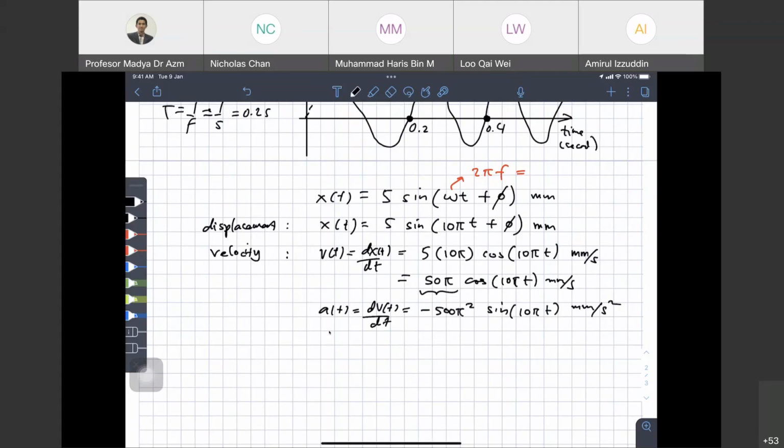So when people ask what is the magnitude of acceleration, your answer is 500 pi square. Don't say minus, because vibration doesn't have minus. Minus is just to say velocity and acceleration are at different phase, 180 degrees different phase.